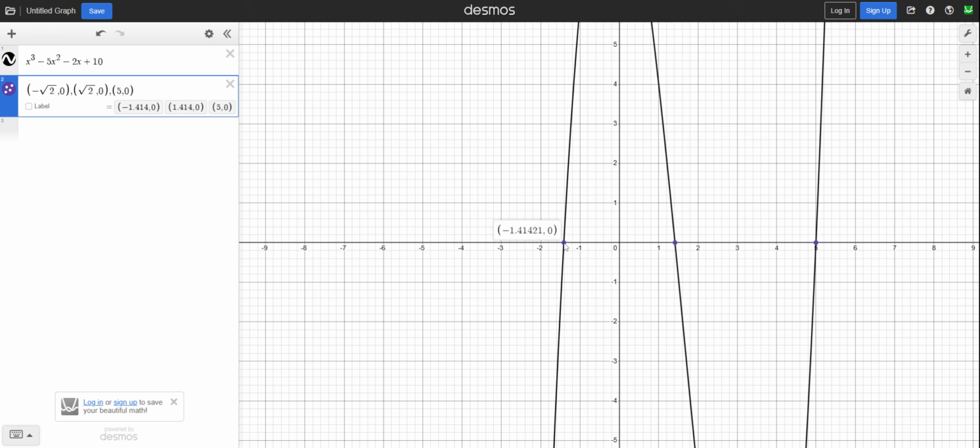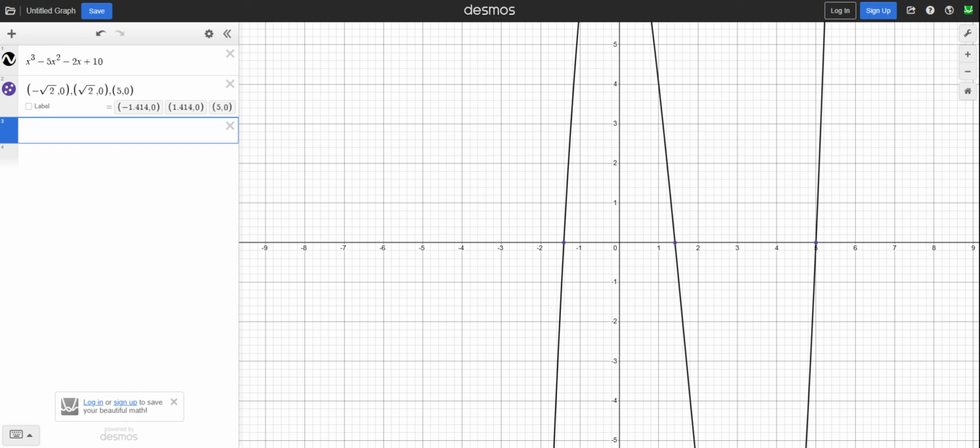Notice it put these purple dots everywhere the x-intercept is. So the zeros are where it crosses the x-axis. But when you put them as ordered pairs, they become x-intercepts, not just zeros. So zeros and x-intercepts are very, very similar, but how you write them is different.